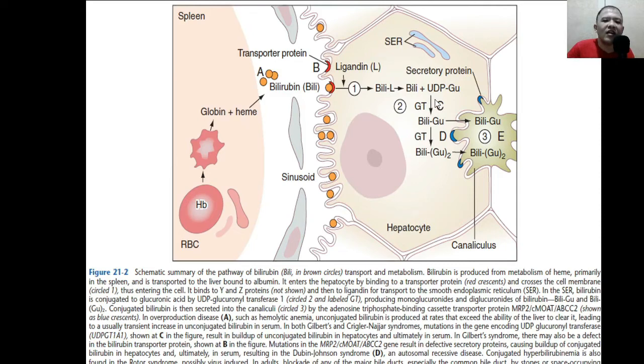And if it's secondary to an inherited disorder, then you have two choices: either Gilbert syndrome or Crigler-Najjar syndrome. So the more severe is the Crigler-Najjar.